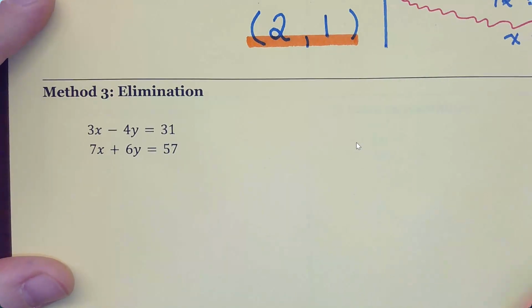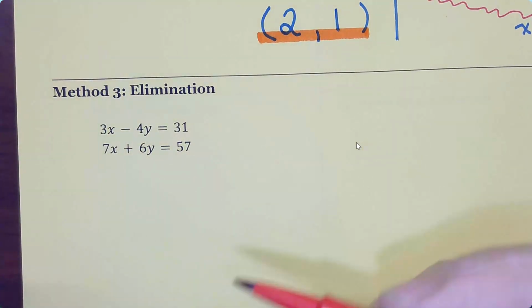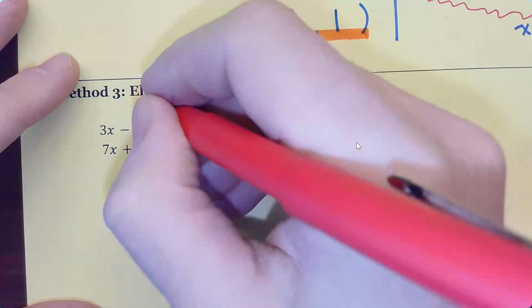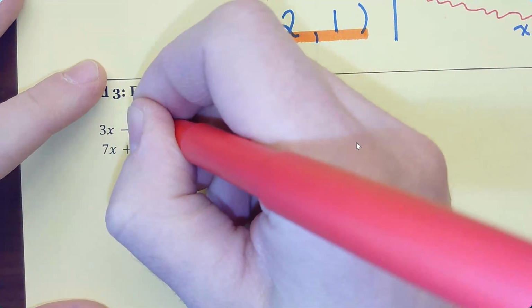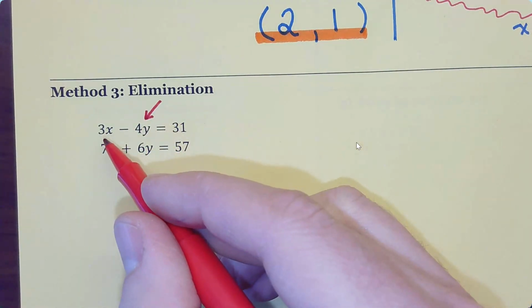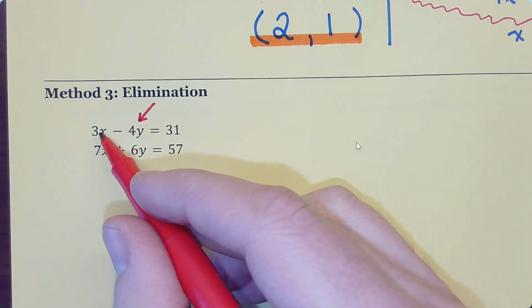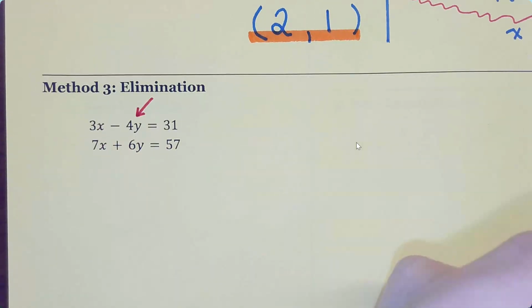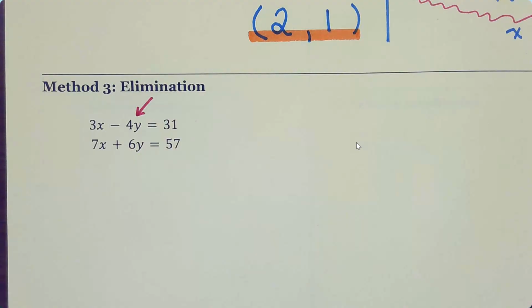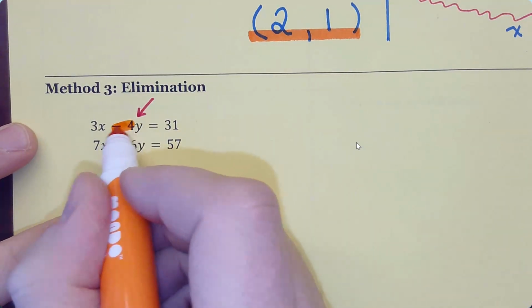So the idea with elimination is you are going to eliminate one of the variables by creating opposites. Now, I'm going to choose to create opposites with the y values right here, but I could just as easily, or almost as easily, create opposites with the x values. Our coefficients are negative 4 and 6. Those are going to be our important numbers.